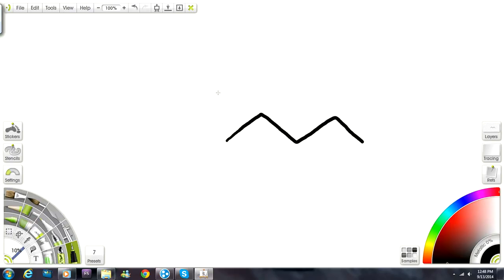Now, it might not actually look like anything to you right now if you don't know what bond line is, but actually there's 1, 2, 3, 4, 5 carbons here, and on each of these ends and junctions, there are hydrogens that come off of there.